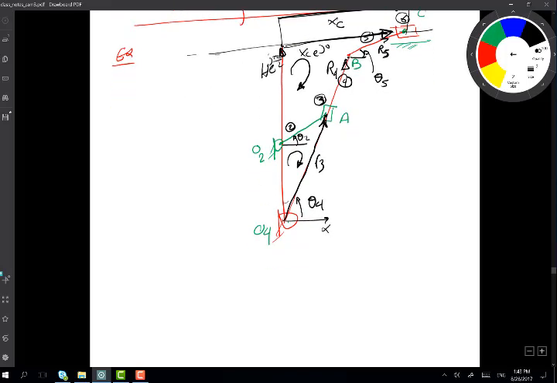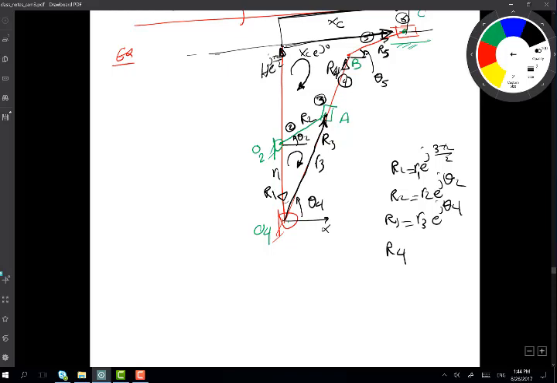Now, the small loop has r2 and maybe r1, if we want, that's r1, and this will be r3. So r1 is a e to j 3 pi over 2, a constant distance r1. R2 is r2 e to j theta 2, r3 is variable length r3 e to j theta 4, and then I have r4, which is this here.